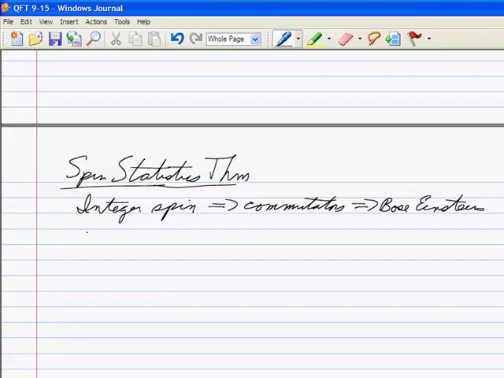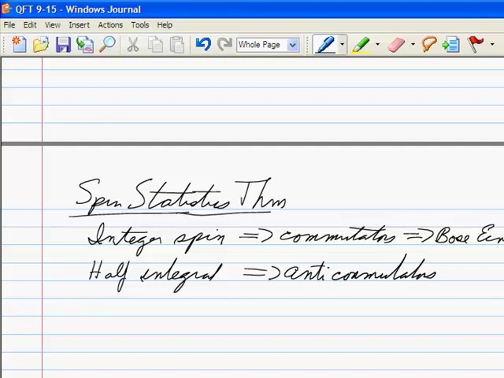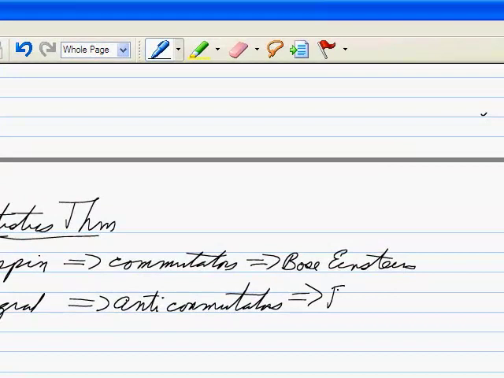The half integral spin has to use anticommutators and ends up with Fermi-Dirac statistics. It just says what we always end up using.